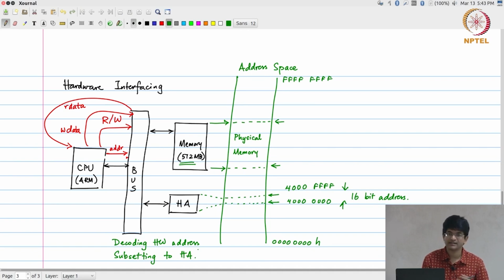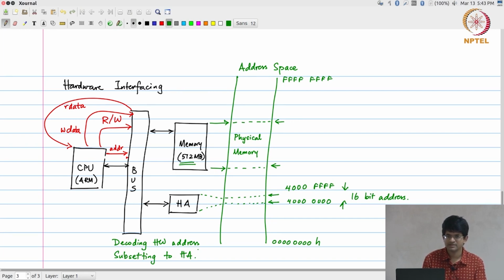Now the hardware accelerator can respond in any way that you like, because you can write logic over there. A memory has a very specific way of responding. If I give it an address, it has to go look in that particular location and give me back what was written there. But a general hardware accelerator can behave in any way that you like.